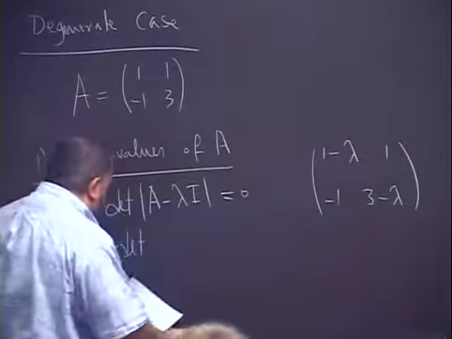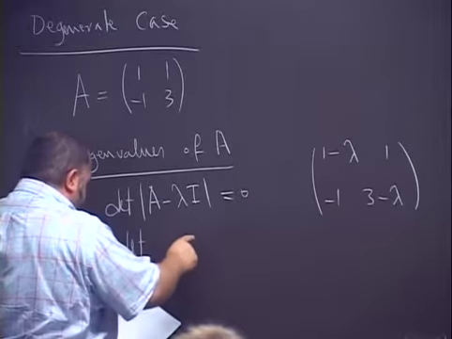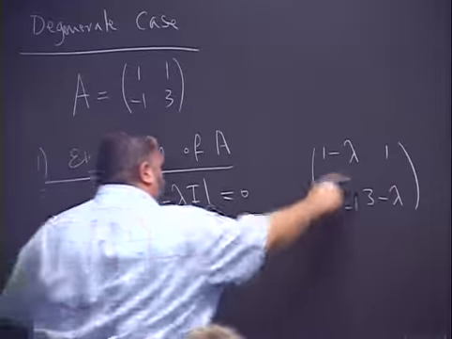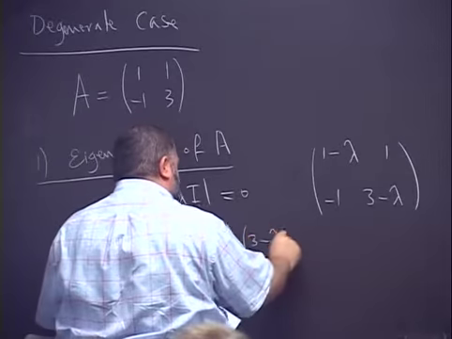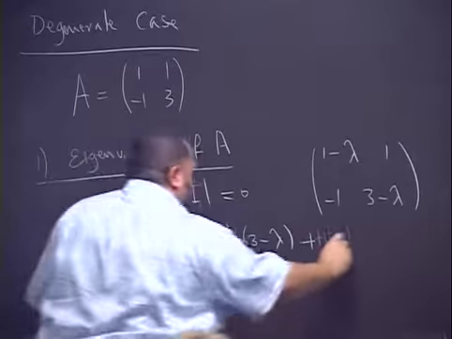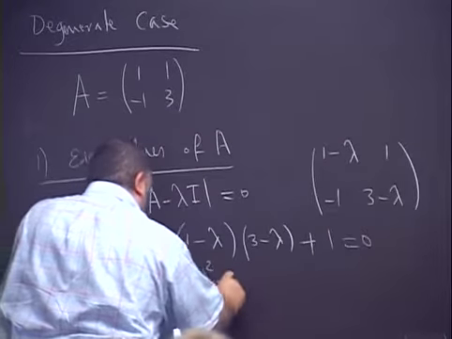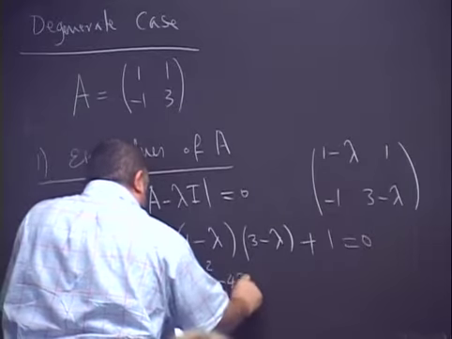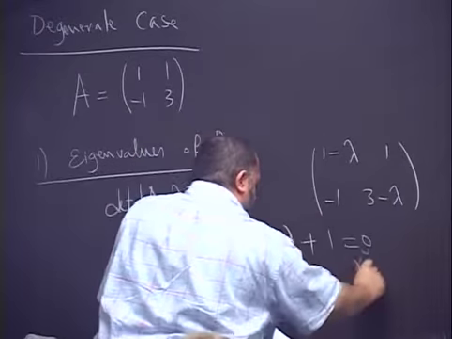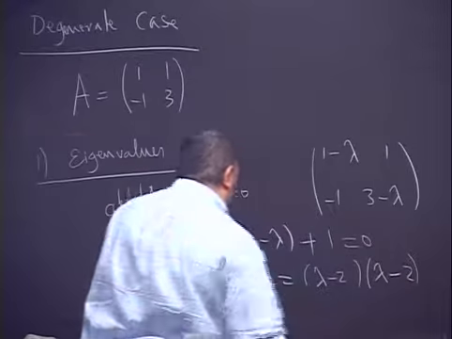To get the determinant, it will be (1 - λ)(3 - λ) + 1, and this will be equal to 0. If you rearrange, this will give you λ² - 4λ + 4 = 0. And now you can decompose it to (λ - 2)(λ - 2).